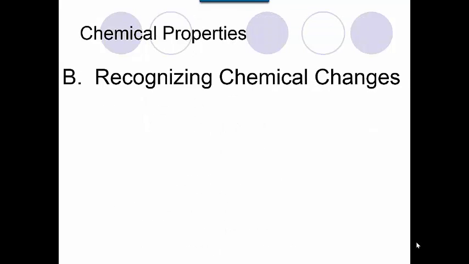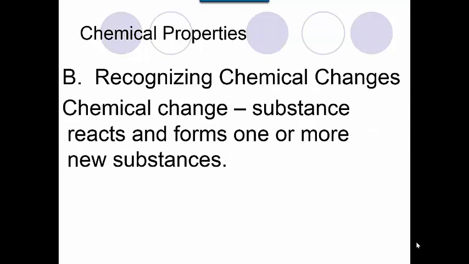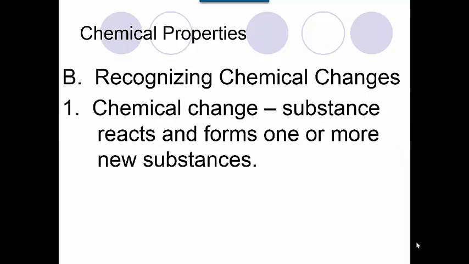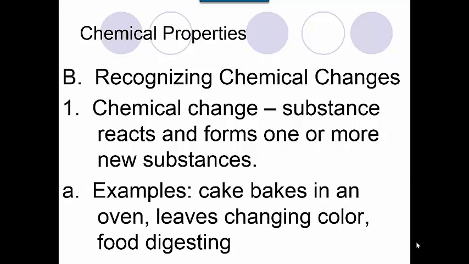Now, you need to be able to recognize chemical changes, and a chemical change is when your piece of matter is going to react and form something new. So what you have at the end of the change is chemically different than what you had at the beginning. Baking and cooking in general are always chemical.